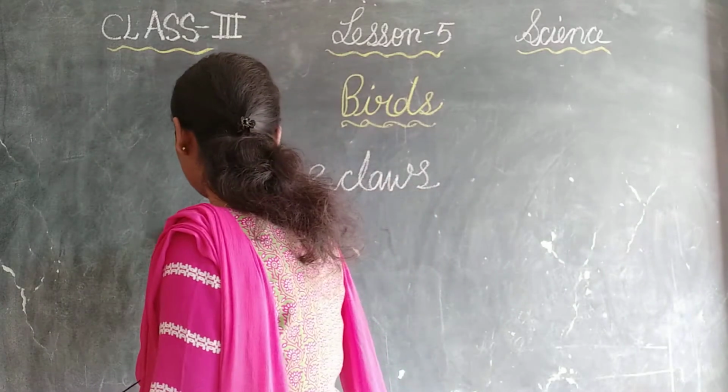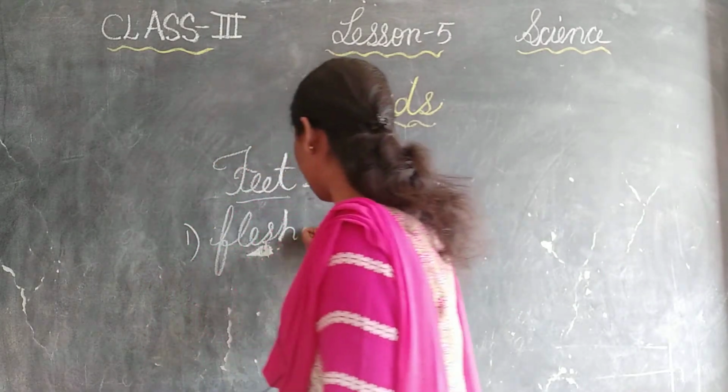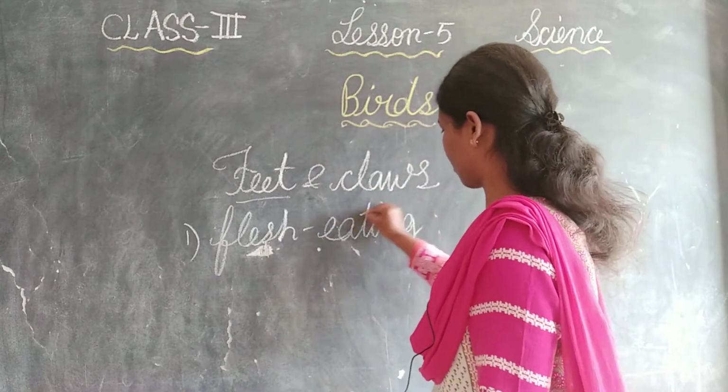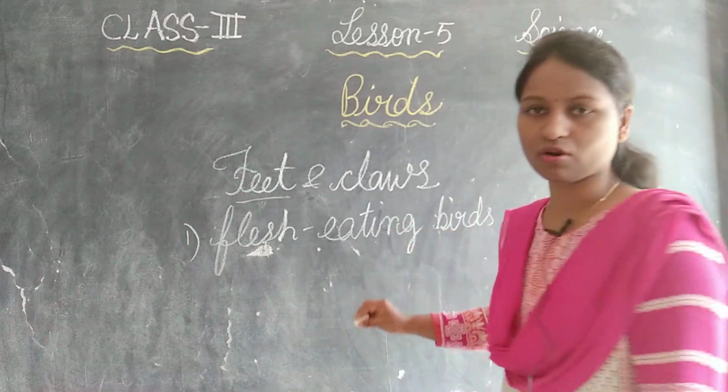Flesh eating birds. In the flesh eating birds, children, how do they have different types of claws?